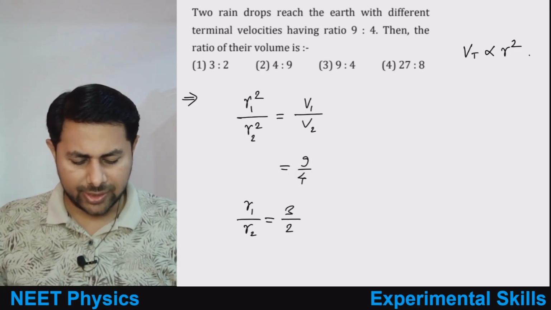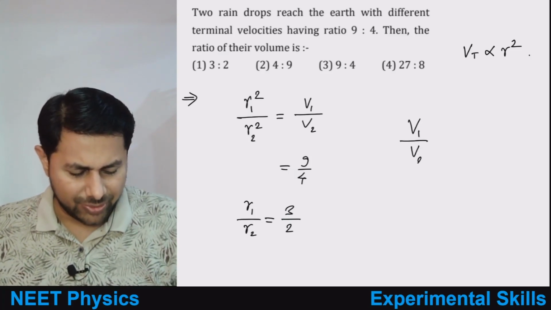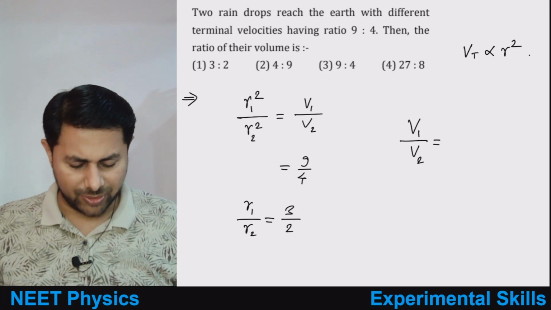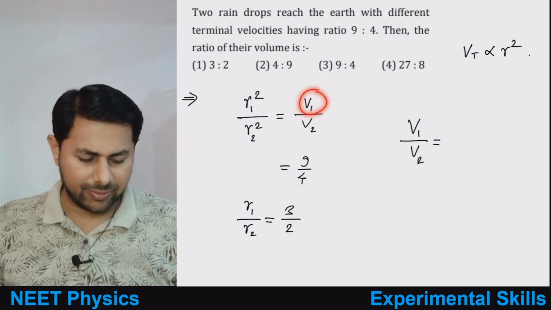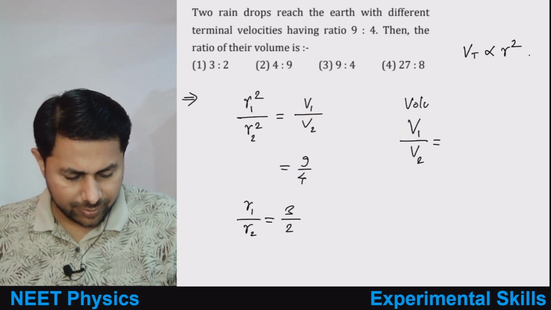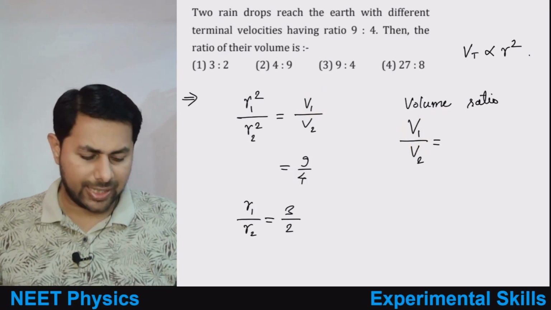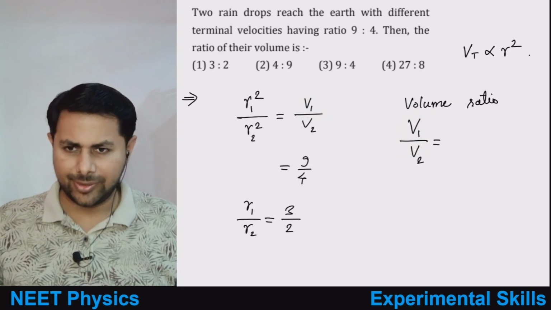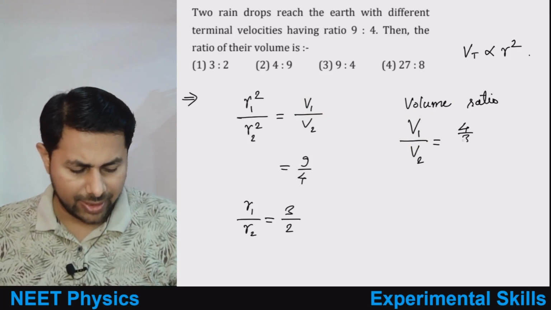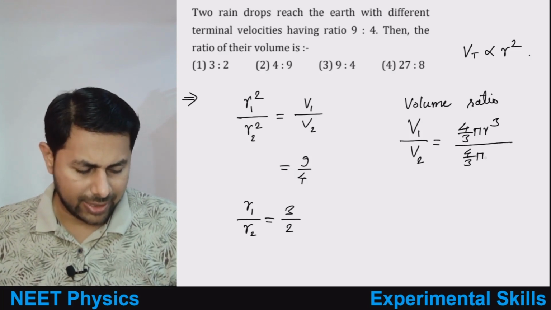And therefore what is the ratio of volumes? So that's V1 by V2. This is volume, the ratio of volumes. Volume is directly proportional to what? R cube. Volume is 4/3 pi r cube.